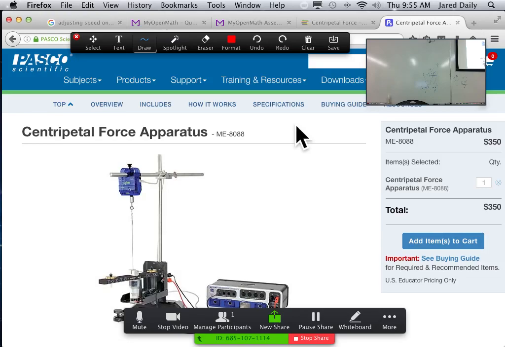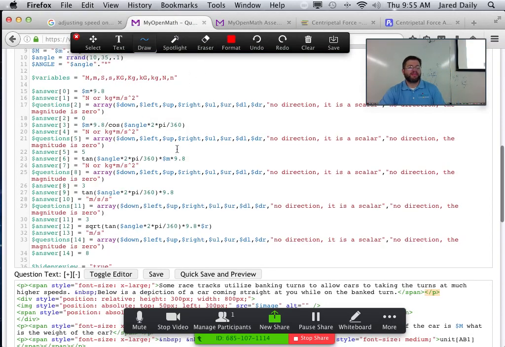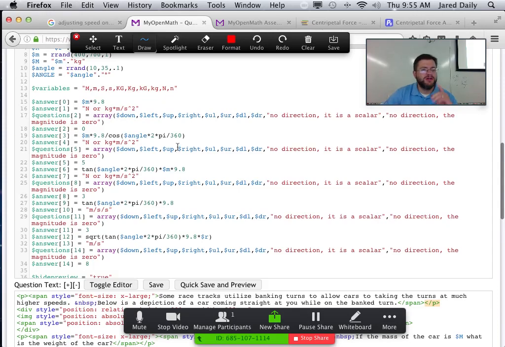Well, let me go check the coding again. See if they entered it. Yeah, I thought they entered it. That should be it for the normal force of the car on the banked turn, right? Should be mass times 9.8 times the cosine. No. It's actually divided by the cosine of the angle.